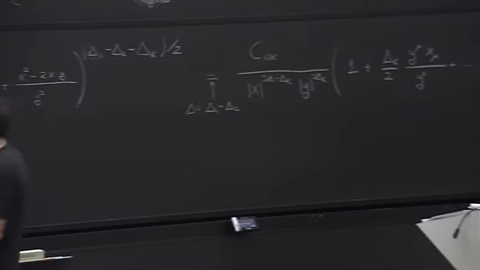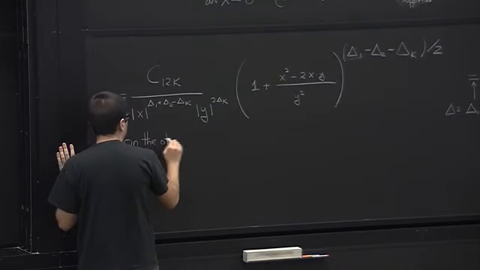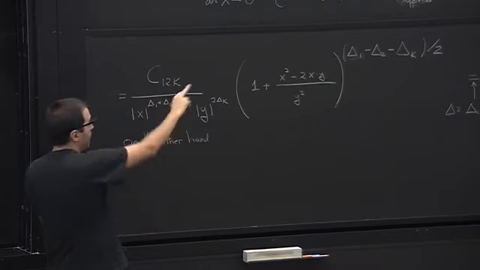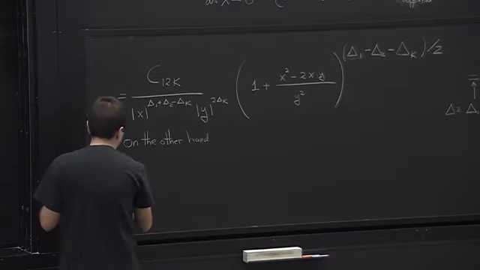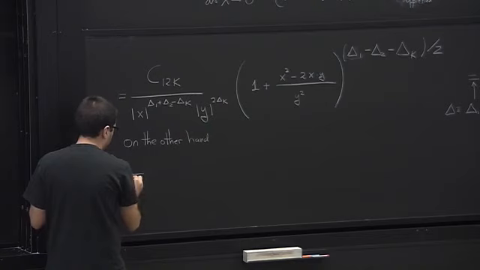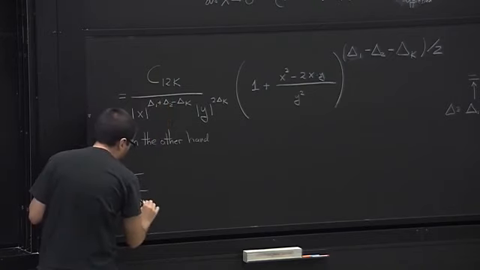But now, on the other hand, we can plug in the operator product expansion. So that same expression should be equal to, we plug the operator product expansion there, and we get a sum over, let me use some other index, say k prime, which are the primaries.